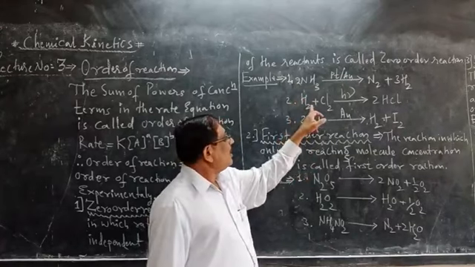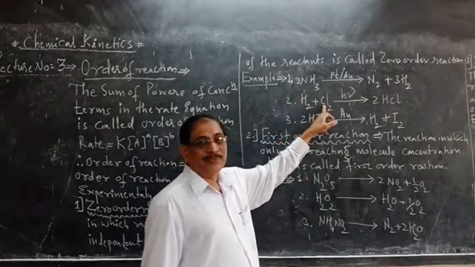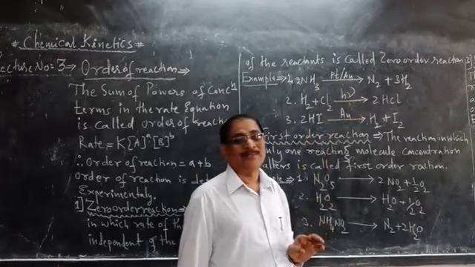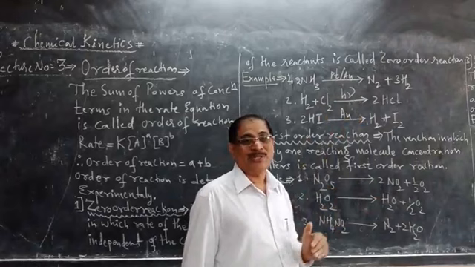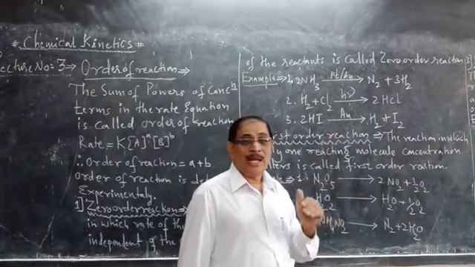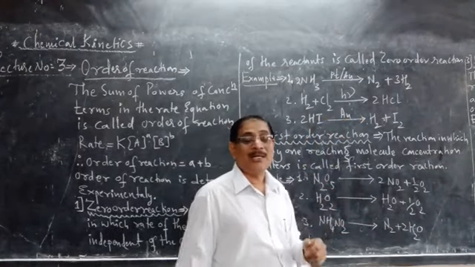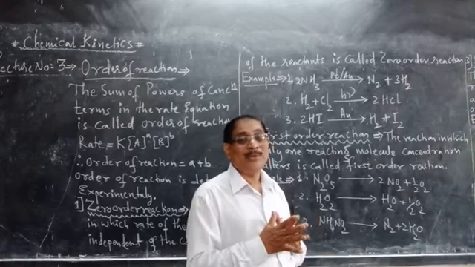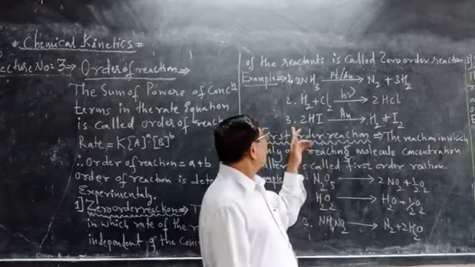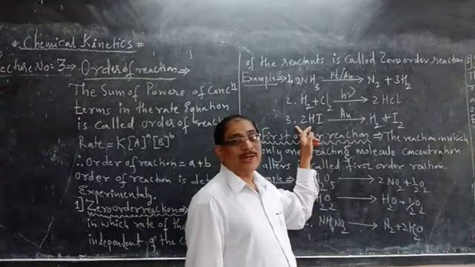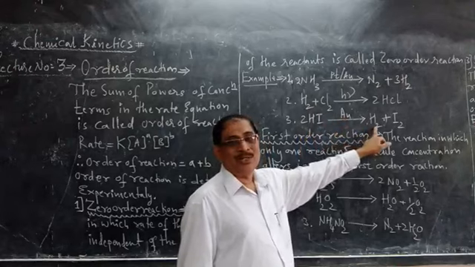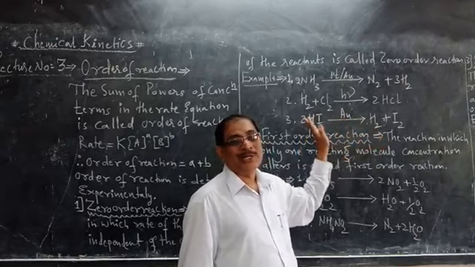Second example, hydrogen and chlorine combine in the presence of sunlight to give hydrochloric acid. This is also a continuous process. As and when you provide hydrogen and chlorine in the presence of sunlight, the reaction will take place continuously, independent of initial concentration. One more, decomposition of hydrogen iodide in the presence of a gold catalyst gives hydrogen and iodine continuously.